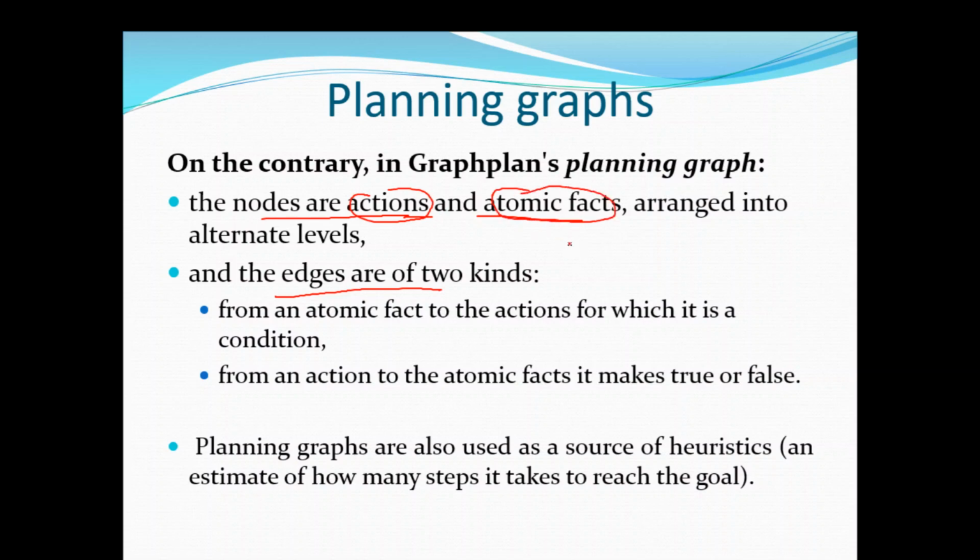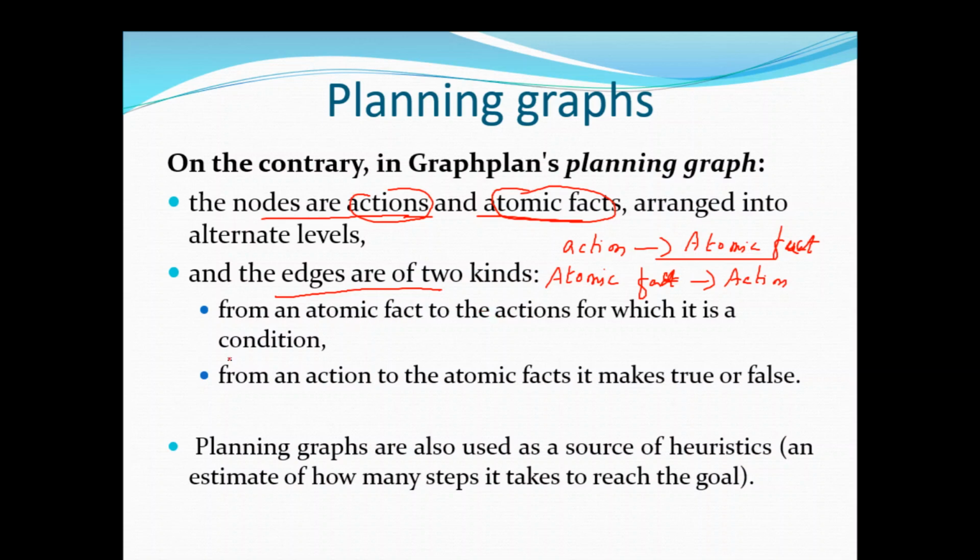One is an edge from an action to an atomic fact, or there can be an edge from an atomic fact to an action. These are the two types of edges the planning graph supports.